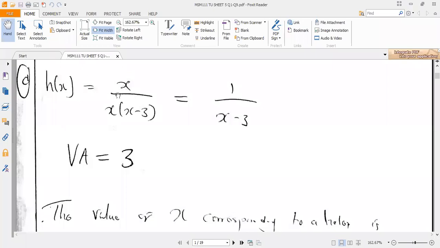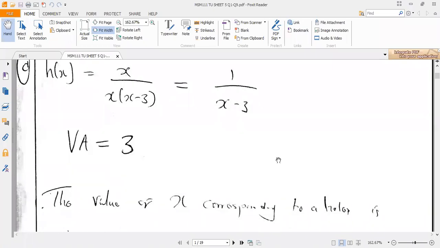Now there is a hole, which means a hole is simply a point that a function passes through. We have to indicate a hole on it, such that it's telling you that at that point the function is not really defined, but it's just passing through that point, the hole. I don't know if you have gotten that part though.